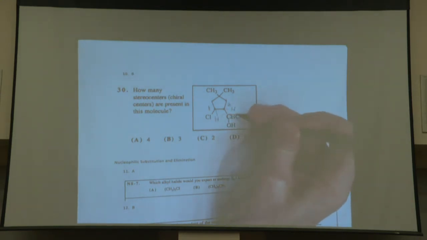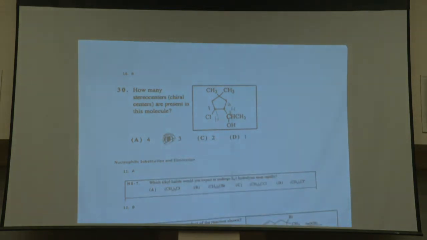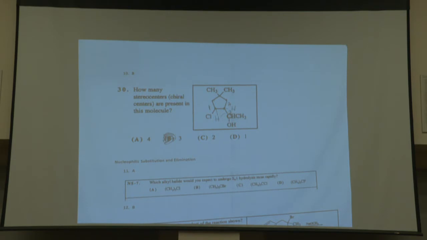So that's going to be your 3rd stereocenter, that carbon right there. So that's why the answer for this one is B. Do you guys have any questions on this question? I think it was an easy concept. I think this one little carbon was a little tricky in how they placed it. But, you know, just be careful. Okay.